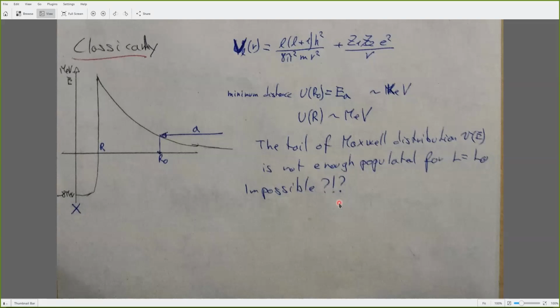As soon as geology showed that the Earth was really old, it was not possible, because there are just several hundreds of millions of years to produce energy in contraction.